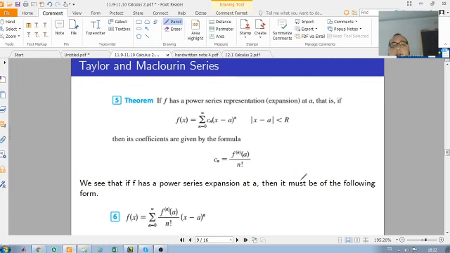So now we will see a very important theorem to define Taylor and Maclaurin series.